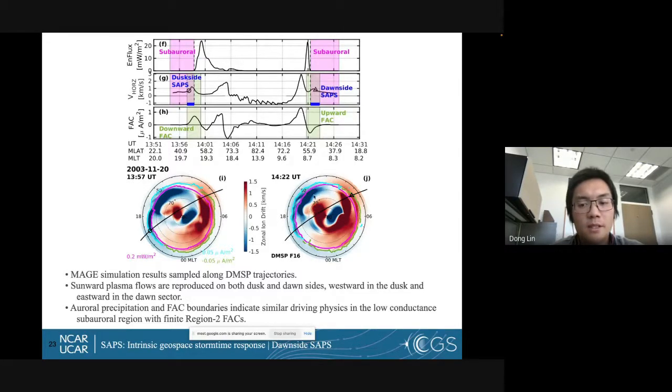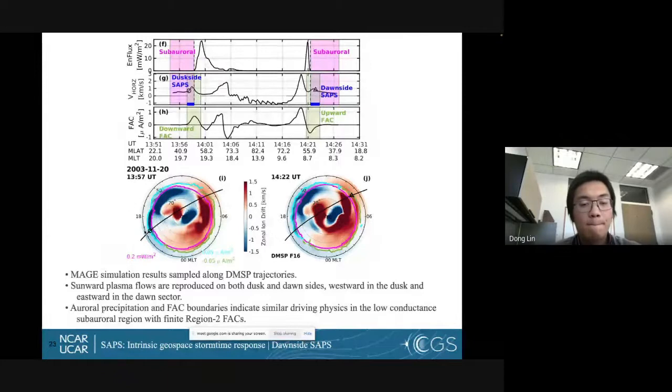And this 2D view is probably more illustrative if you compare these boundaries. So here the magenta curve is just the aurora boundary based on a threshold of 0.2. The value of the threshold doesn't really change it too much. The green and the cyan curves are the upward and the downward region 2 field-aligned current boundary.